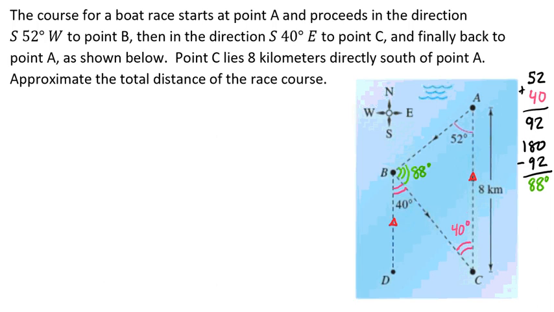Now remember, we're trying to approximate the total distance of this race course. Here we have side B that's been given to us. We have to find the value of side A as well as the value of side C so that we can add those together. This is where we're going to use our law of sines. Let's remember what the law of sines is.